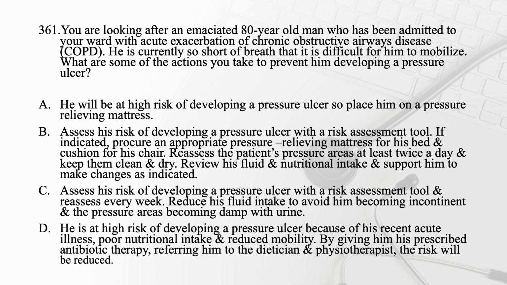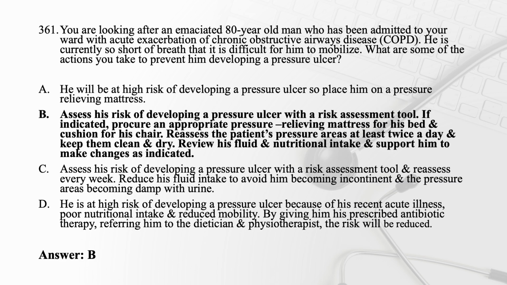Option D, he is at high risk of developing a pressure ulcer because of his recent acute illness, poor nutritional intake and reduced mobility. By giving him his prescribed antibiotic therapy, referring him to the dietitian and physiotherapist, the risk will be reduced. The correct answer is option B, assess his risk of developing a pressure ulcer with a risk assessment tool.